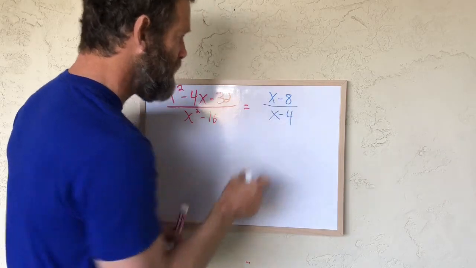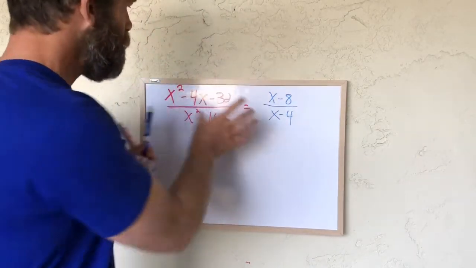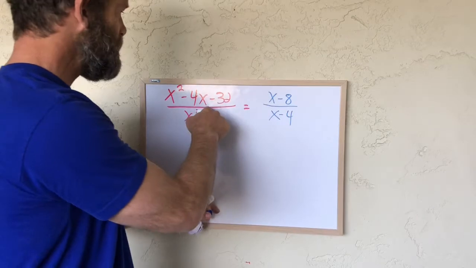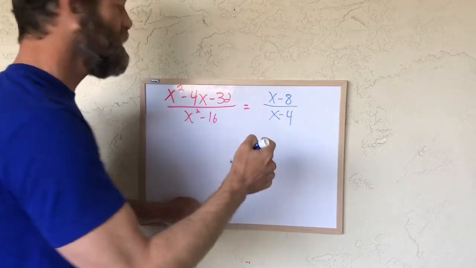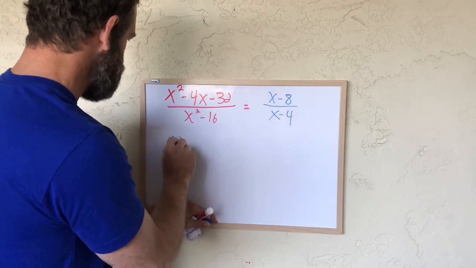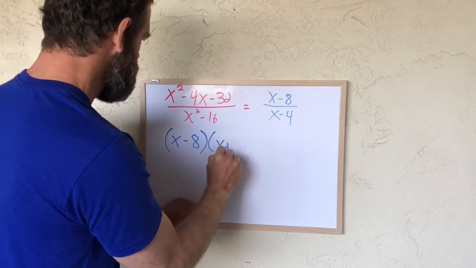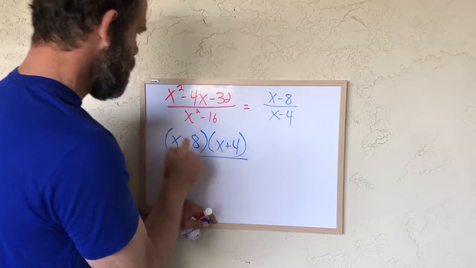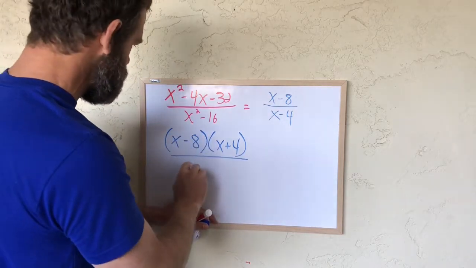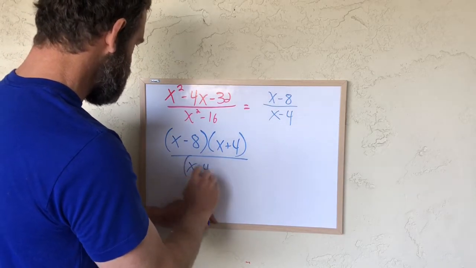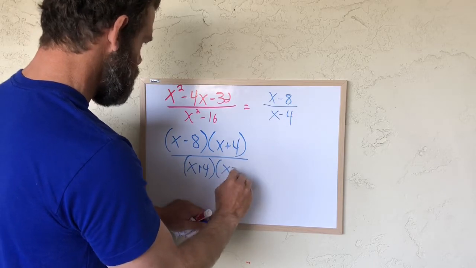The way we simplify this to get it to equal this is we have to factor this. So we have x minus 8 times x plus 4 over, this is a difference of squares, so this would be x plus 4, x minus 4.